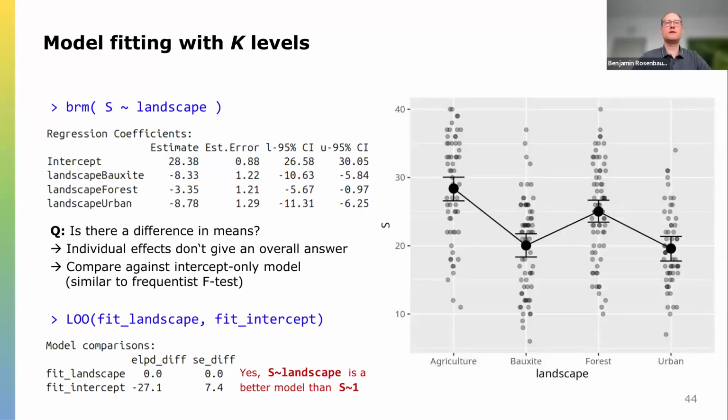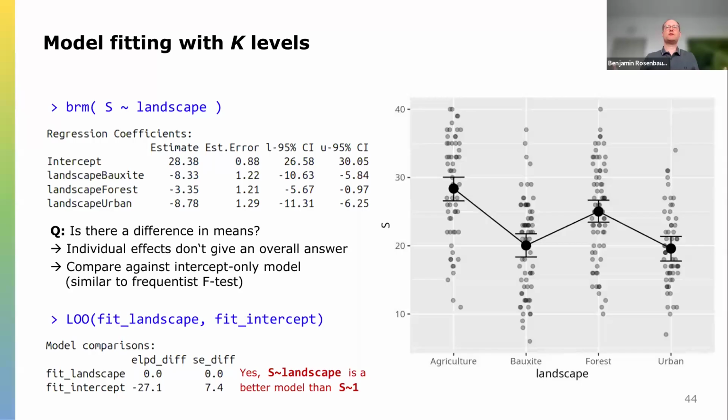So just fitting the model will not give you an answer in the sense of an ANOVA, right? It doesn't automatically tell you, oh yeah, they are different, or there are differences such that this model is better than fitting just the intercept model. So just fitting a model does not give you an overall effect like a classical ANOVA table would do.